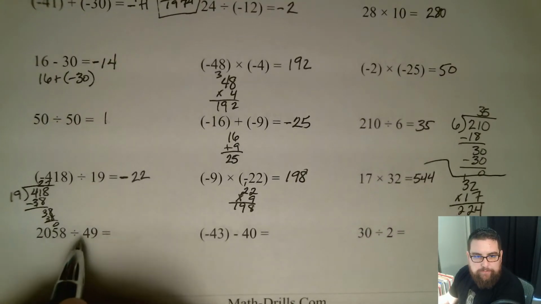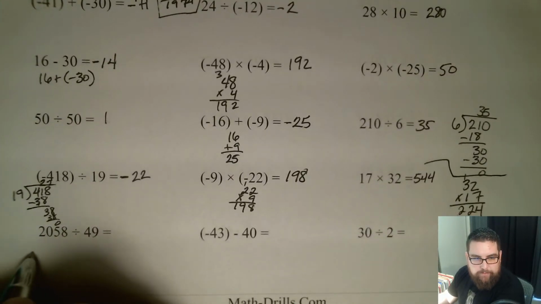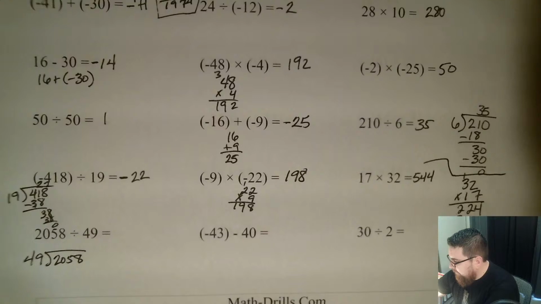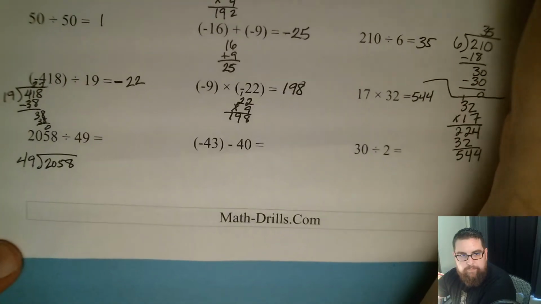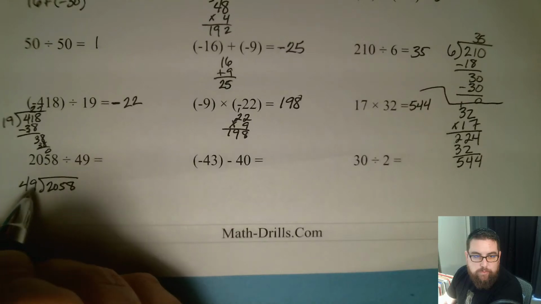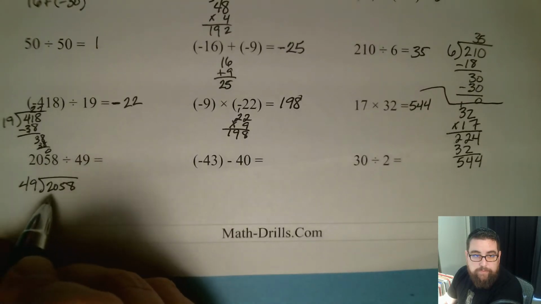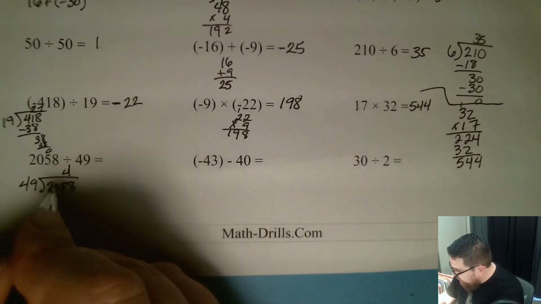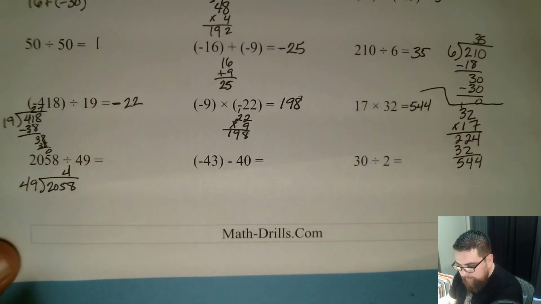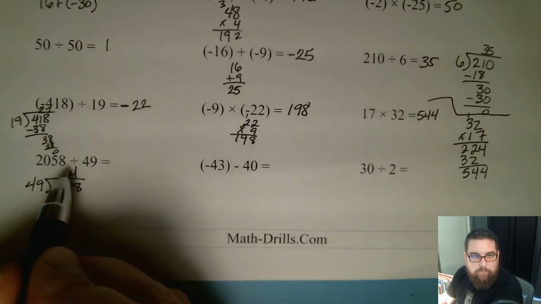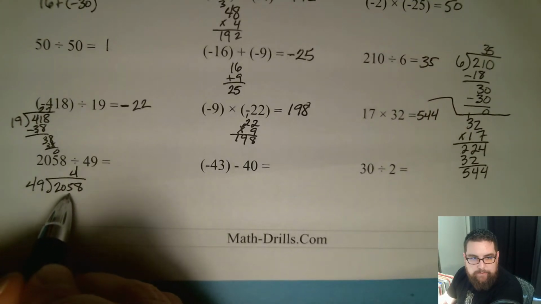We have 2058 divided by 49. Okay, so let's go ahead and set that up. I'll try to lift this up a bit more. All right, so 5 goes into 20 because we're closer to 50. 5 goes into 24 four times. So let's go ahead and do 4. 4 times 9 is 36.